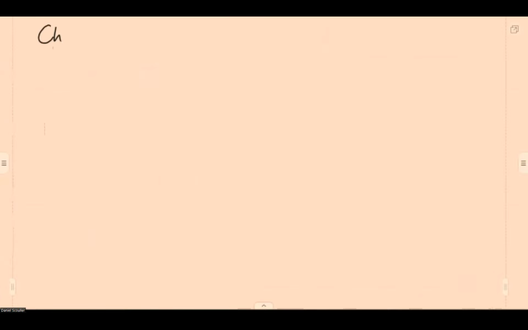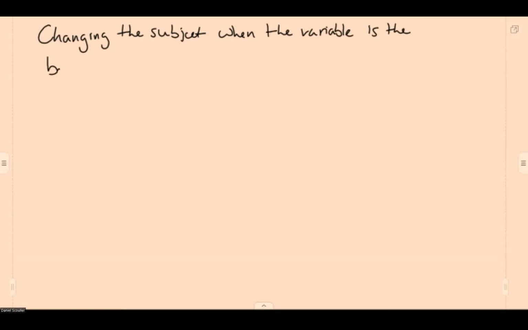It's changing the subject when the variable is the bottom of a fraction.